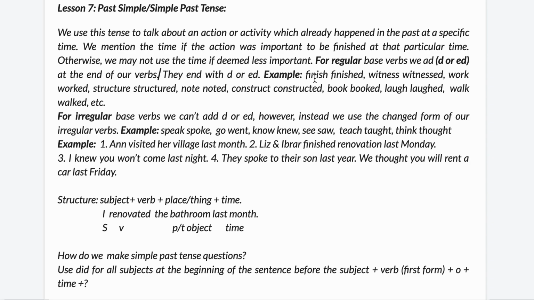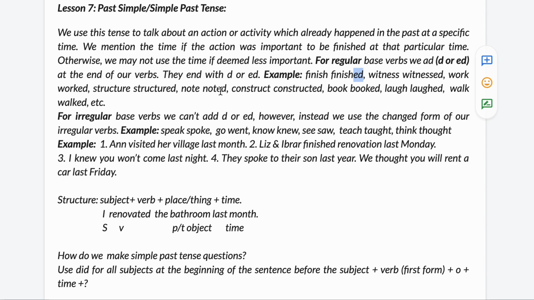Example, finish. Finish is the base form of the verb. But when we use this verb in our simple past structure, then we use ED at the very end to make it a simple past regular form. Witness, witnessed. Work, worked. Structure, structured.